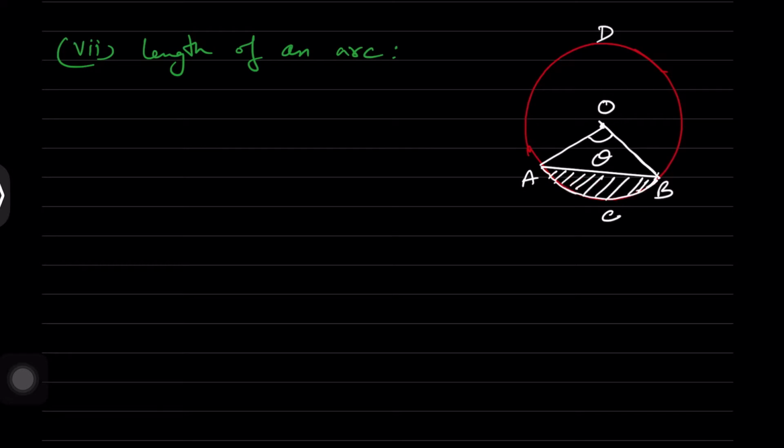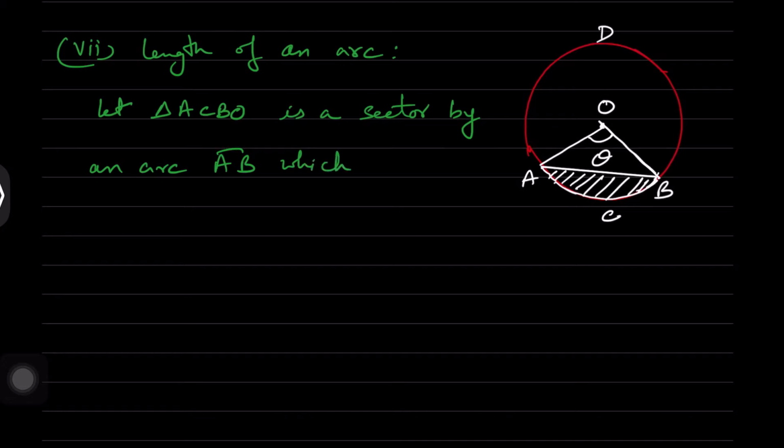Let ACBO be a sector by an arc AB which subtends an angle theta at the center.